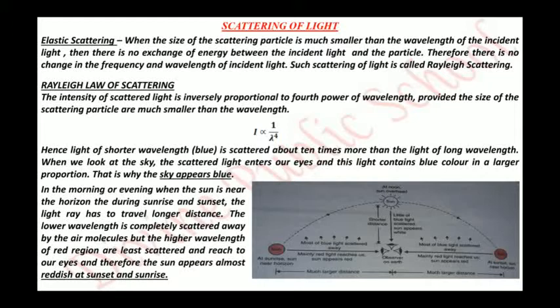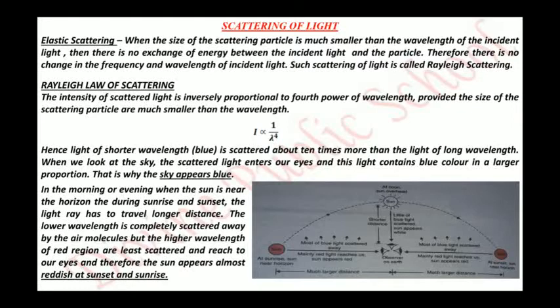The light travels a longer distance to reach our eyes. Through this longer distance in the atmosphere, scattering takes place. The blue light gets scattered, and only the longer wavelength, that is red light, reaches our eye. So the sun appears red because the red region lights are approaching us. Blue light has been scattered.